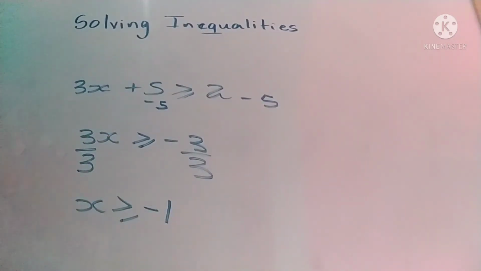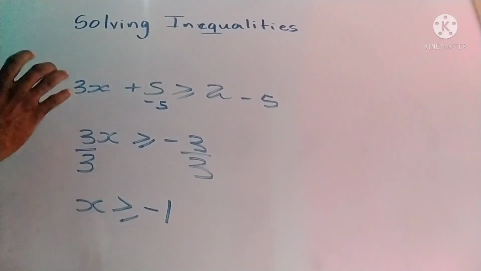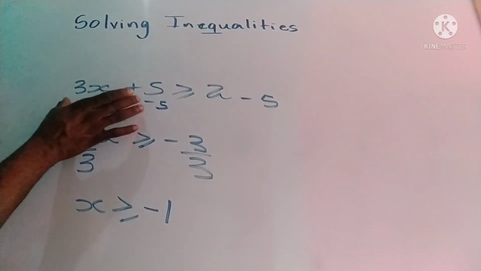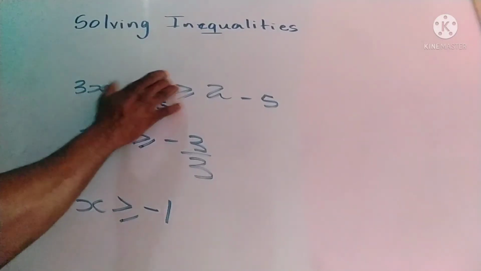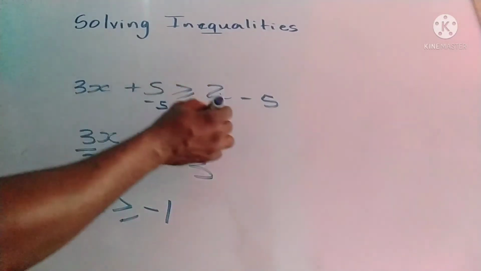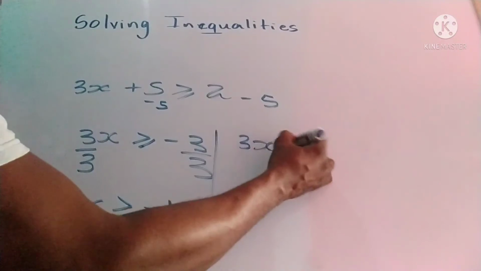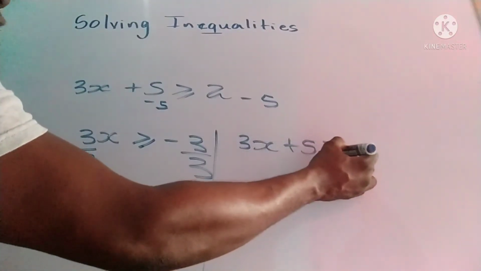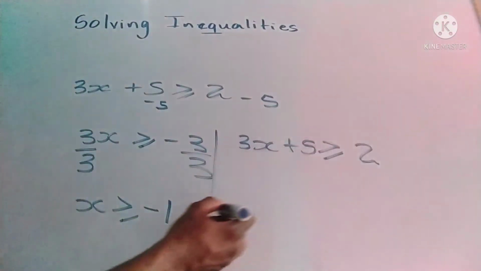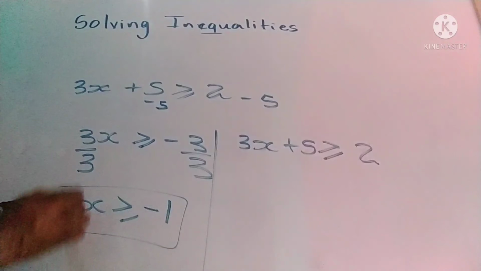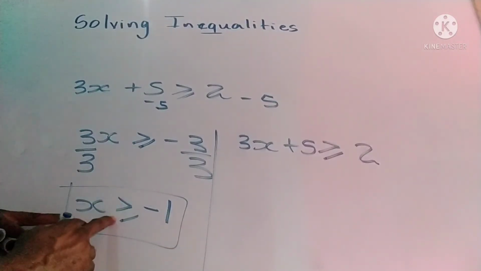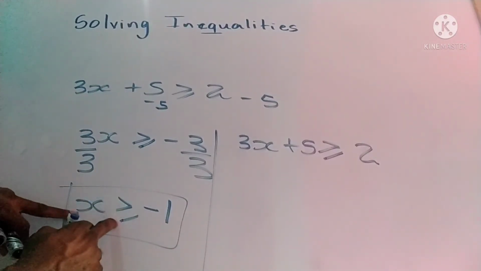So what this is saying is that as long as x is greater than or equal to negative 1, we will get the left side to be greater than or equal to 2. Now, let's look at this statement. It says 3 times x plus 5 must be at least equal to 2. In the solution region, we start at negative 1, but x is greater than or equal to negative 1.